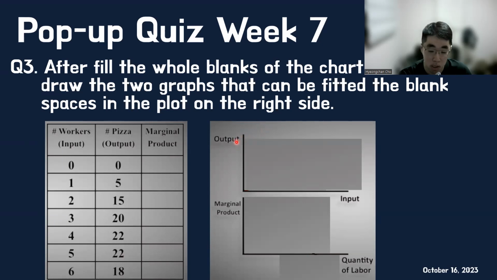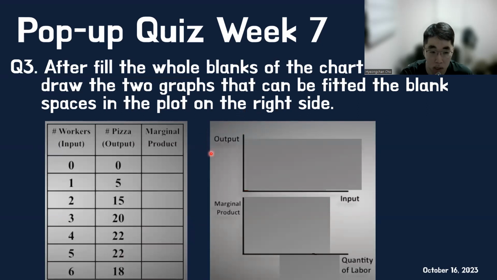In this upper plot, the axis X is input and axis Y is output.